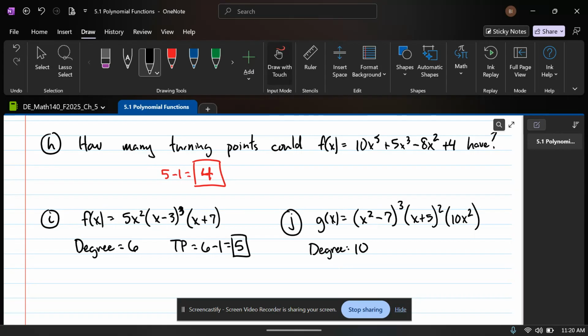Degree is 10. Because if I cube x squared, that's x to the sixth, right? And then I square this, that's x squared, so that's x to the eighth. And then another x squared, that's 10. So the degree is 10. So degree minus 1, our turning points would be 10 minus 1 is 9.